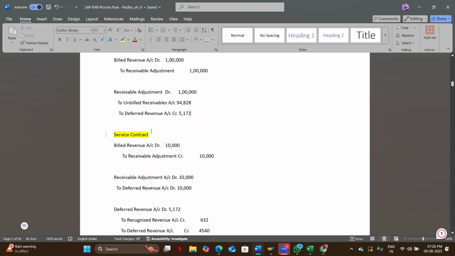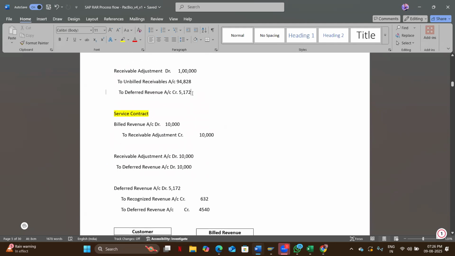Okay, this is the instrument. Now for service, we just remember this amount went to deferred revenue, which will adjust from our service contract, because they purchased at a time. Both okay.